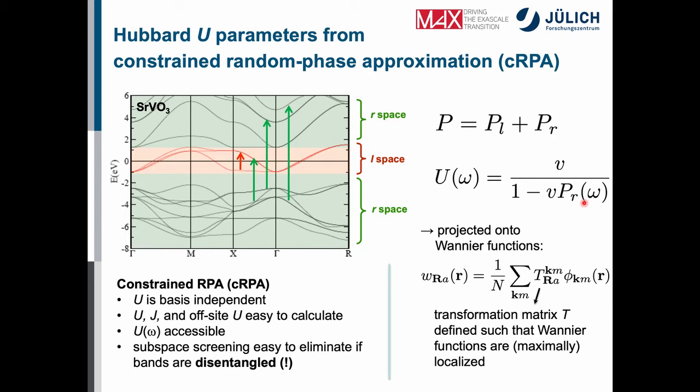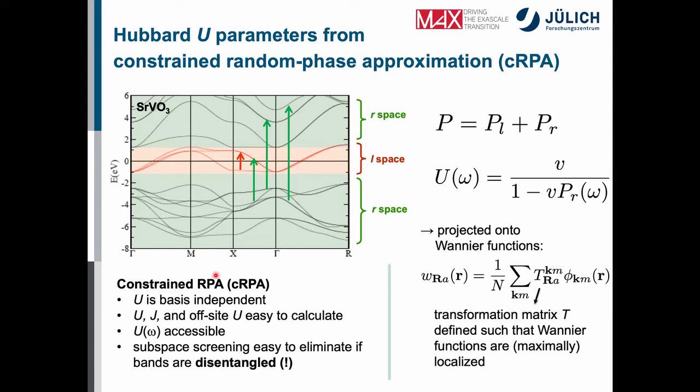Then, in order to finally get the Hubbard U parameters, we have to project the partially screened interaction onto a basis of Wannier functions. What Wannier functions are, you have already learned in the talk by Dongwook Go. In this way, we get the effective local interaction parameters with all the advantages of the constrained random phase approximation that I have already mentioned before.